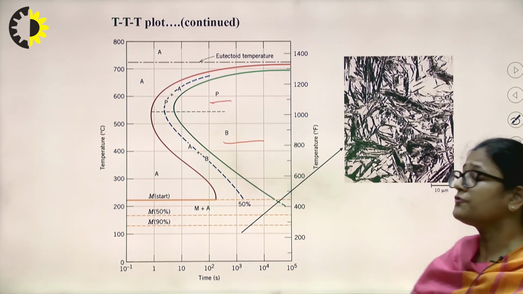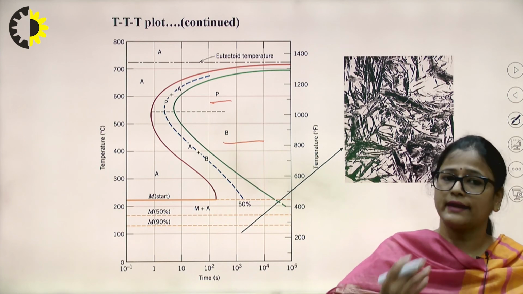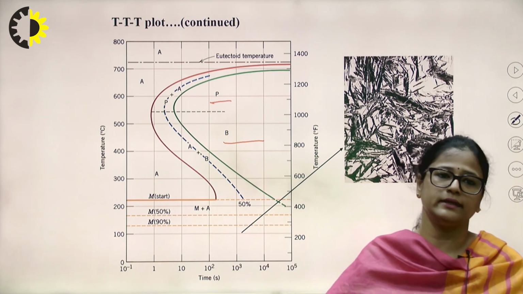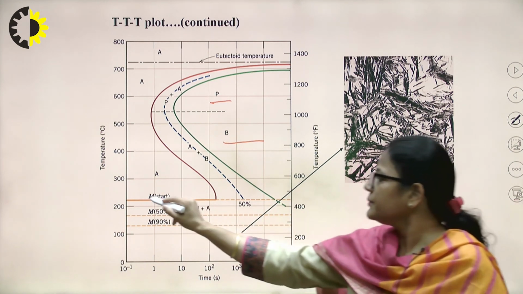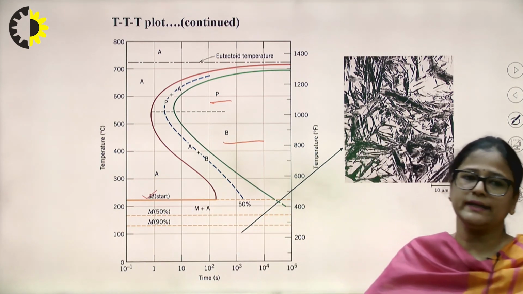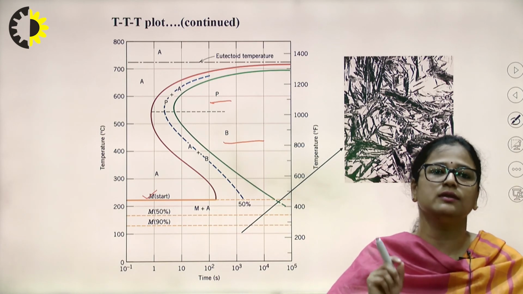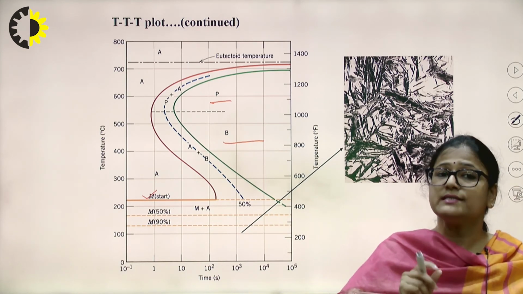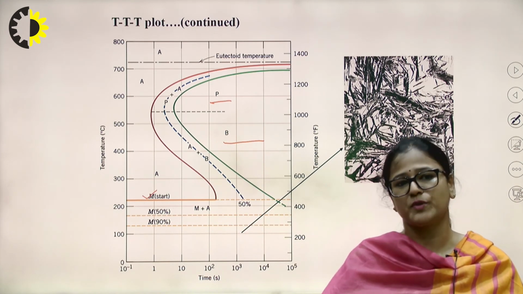But if we rapidly cool the iron carbon alloy below 220 degrees centigrade, martensite will form. So M represents the martensite structure. Martensite is a product of diffusionless transformation, whereas pearlite and bainite are both diffusion assisted transformation products.